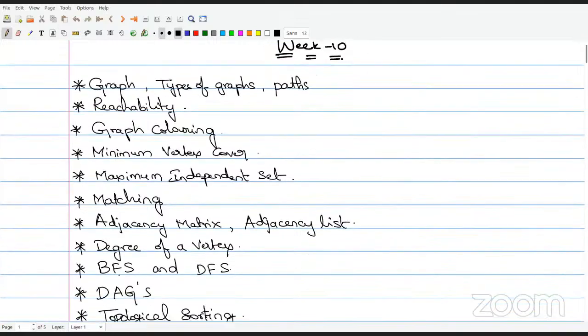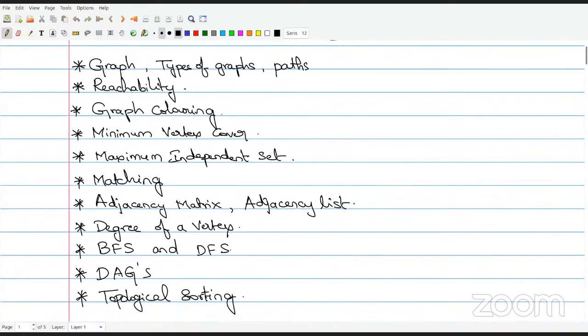Then we will look into what is the degree of a vertex, and then what are BFS and DFS searches and why they are useful. And then DAGs, which are called directed acyclic graphs. And finally, the last topic in week 10 is topological sorting. So these are the topics present in week 10.